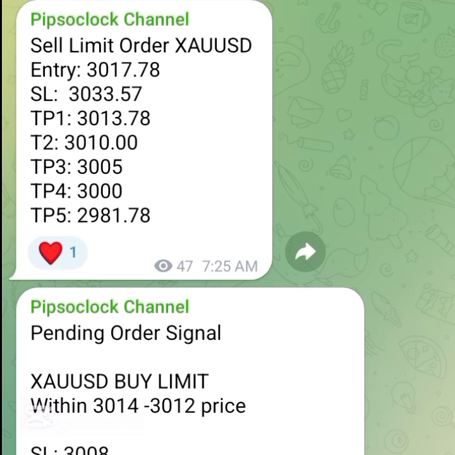Now, if you win, the first TP is at 3013, for example, in this case, that's about 40 pips, right? Which gives about $4. The second TP is about 70 pips, then the third TP is about 120 pips, and the fourth TP is about 170 pips.